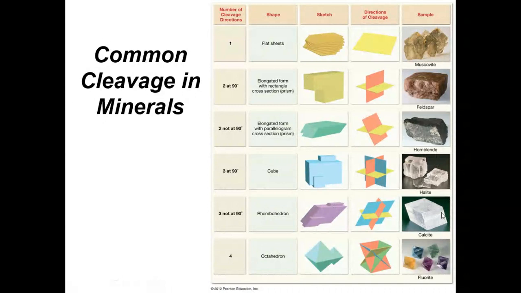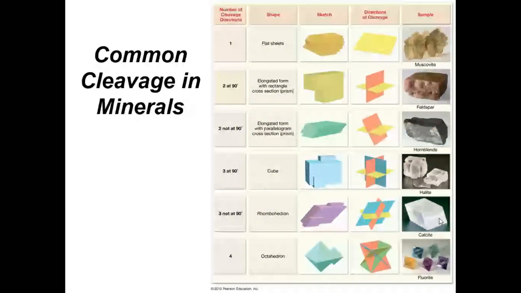That's the mineral calcite, which makes up predominantly the rock limestone. You can see that the cleavage planes do not meet at 90 degrees. So hopefully that description helps you understand how cleavage planes work and how different minerals can be differentiated based on whether or not cleavage planes meet at 90 degrees.